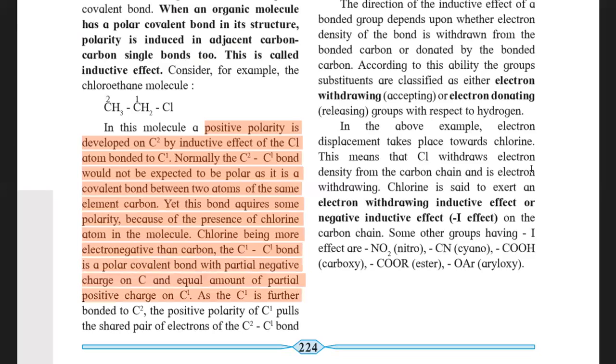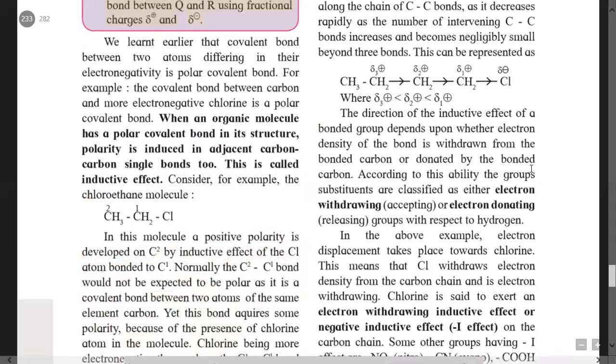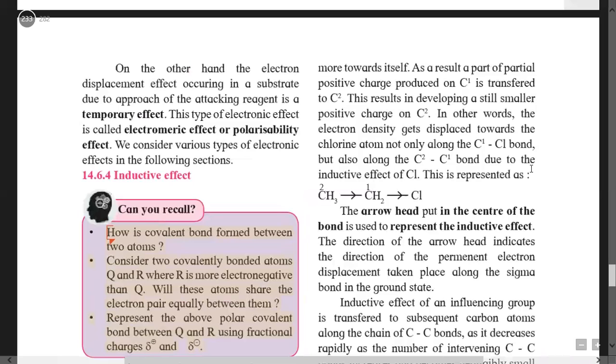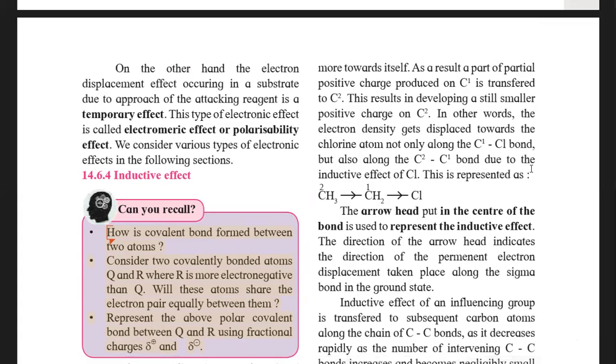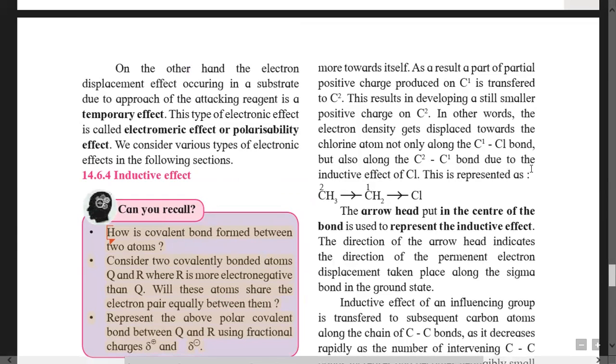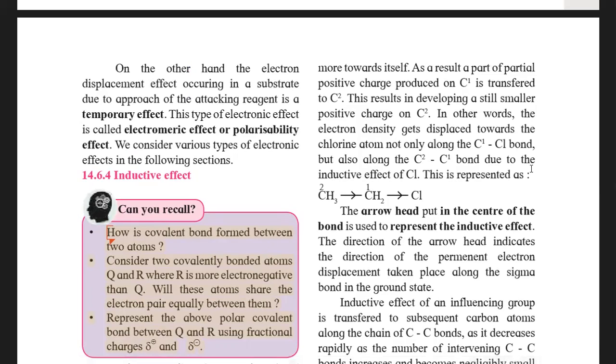Therefore, the positive polarity of carbon 1 pulls the shared pair of electrons of the carbon 2 carbon 1 bond, that is between the second carbon and first carbon. These electrons are slightly pulled towards carbon number 1 and develop a still smaller positive charge on carbon number 2. So in this way, the intensity of positive charge decreases along the length of the carbon chain as we go away from the carbon chlorine bond.